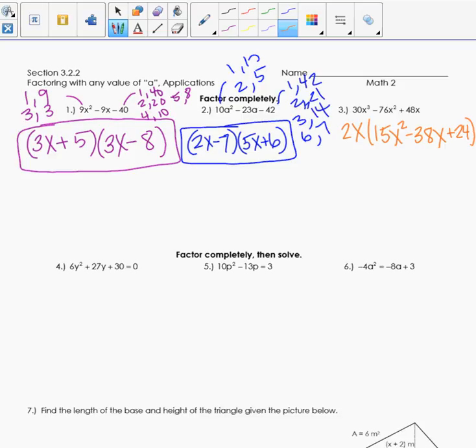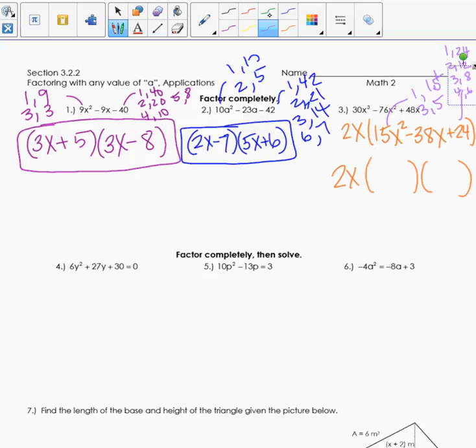Okay. All right. So now that we took out our GCF, that just comes down. My factors of 15 are 1 and 15, or 3 and 5. And my factors of 24 are 1 and 24, 2 and 12, 3 and 8, or 4 and 6.